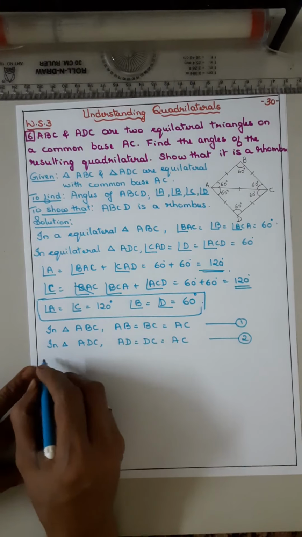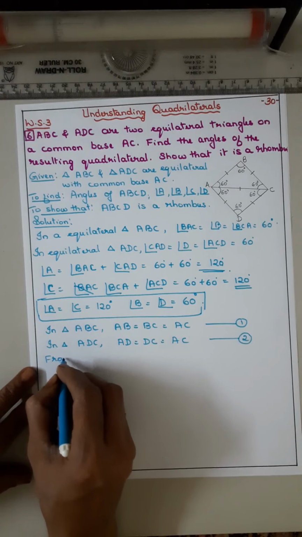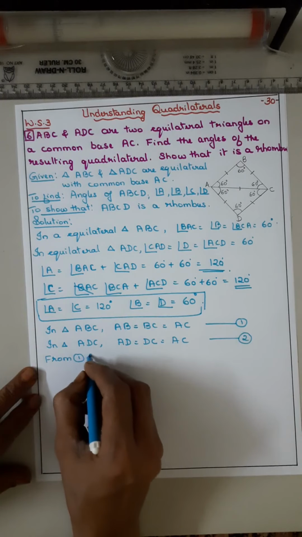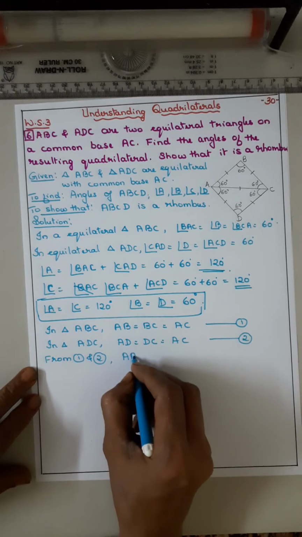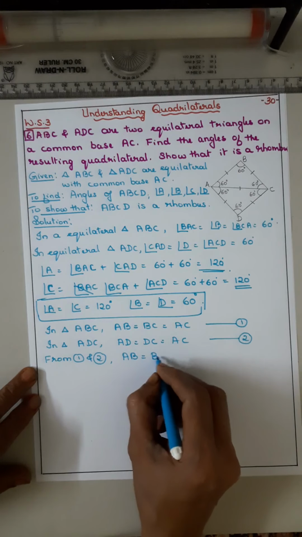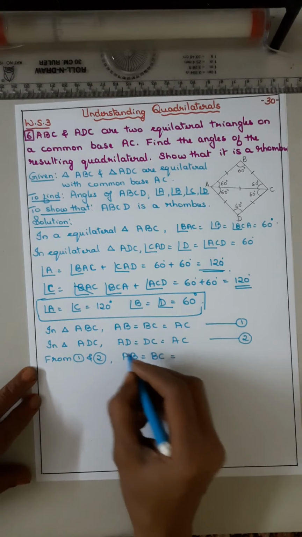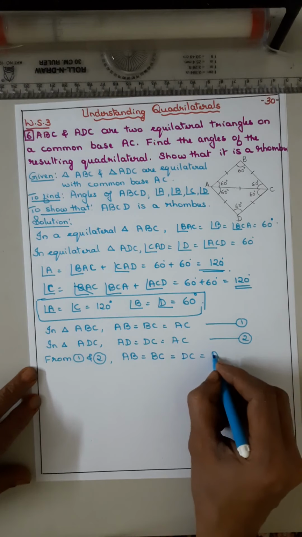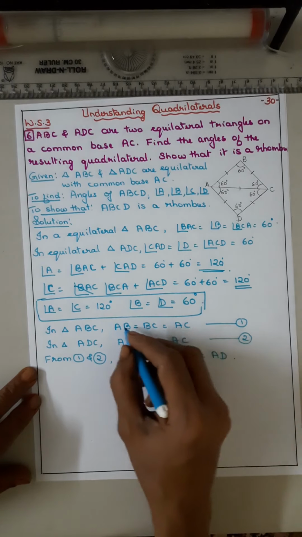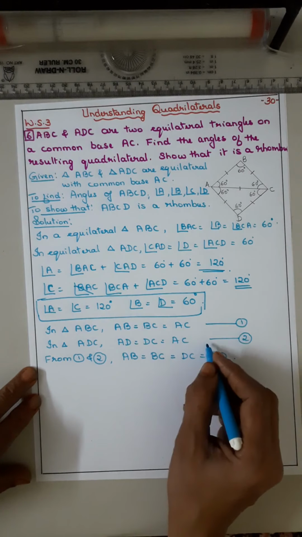So from 1 and 2, it is understood that AB is equal to BC, and it should be equal to DC and AD also, because each of them is equal to AC.